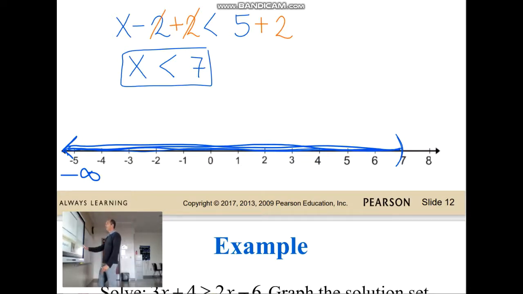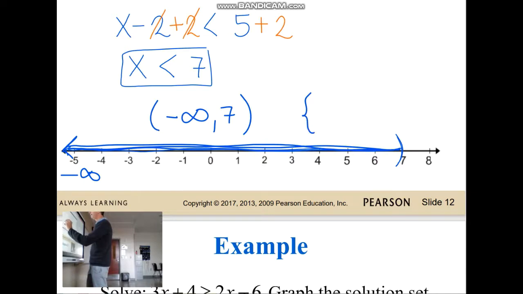If you want to represent using interval notation, it is going to be parentheses, negative infinity, 7, and parentheses. If you want to represent using set notation, it is x such that x is less than 7.